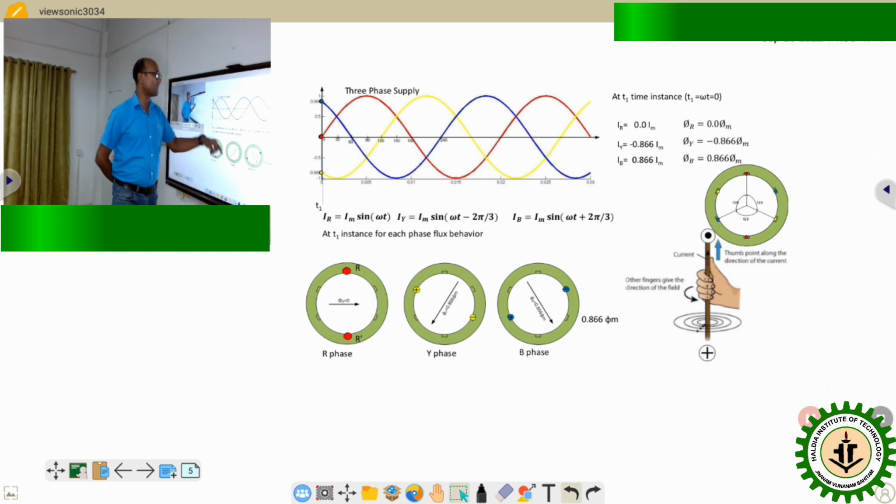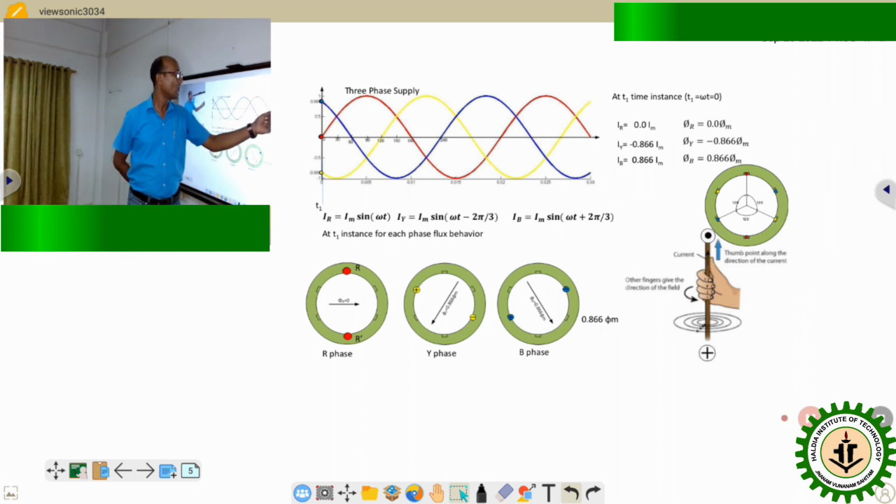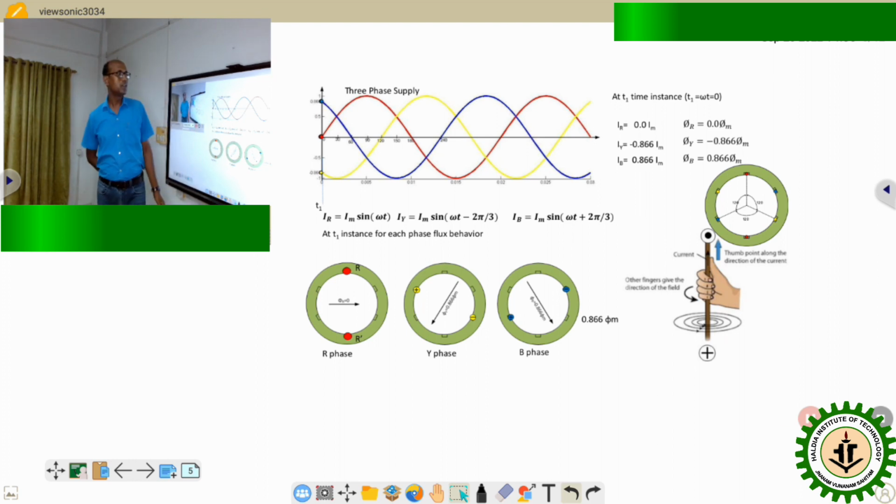These currents will generate corresponding fluxes: IR creates phi R flux, Iy creates phi Y flux, and so on.